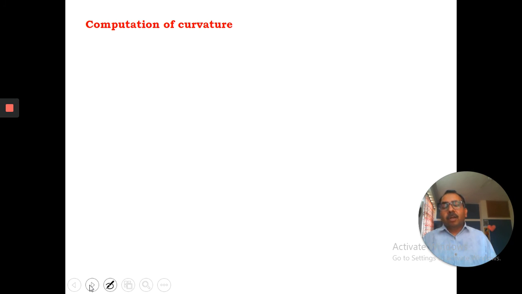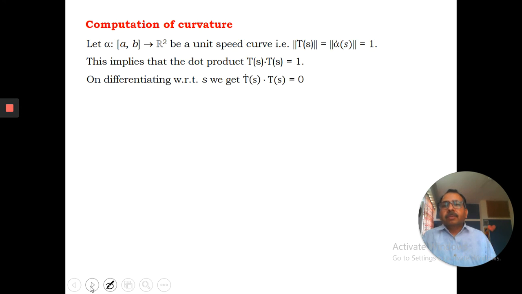So next, now I can define how to compute a curvature. Suppose alpha is a given unit speed curve. Unit speed curve means its tangent has length 1. So the norm of T(s) equal to 1 means T(s) dot T(s) is equal to 1. Take the derivative with respect to s. We get first derivative times second plus second times derivative of first equal to 0.